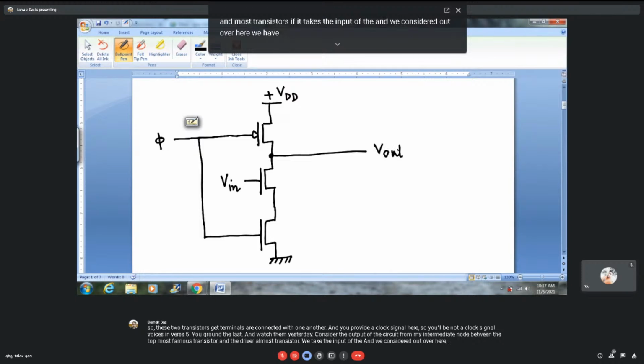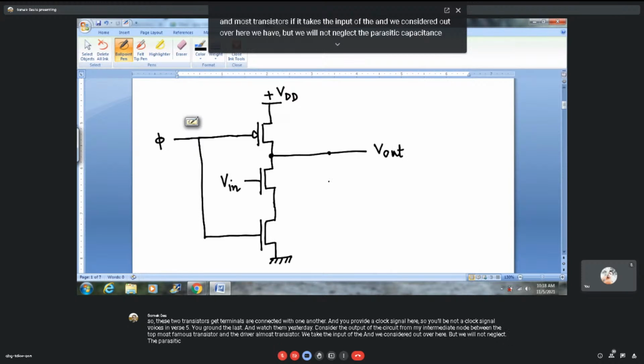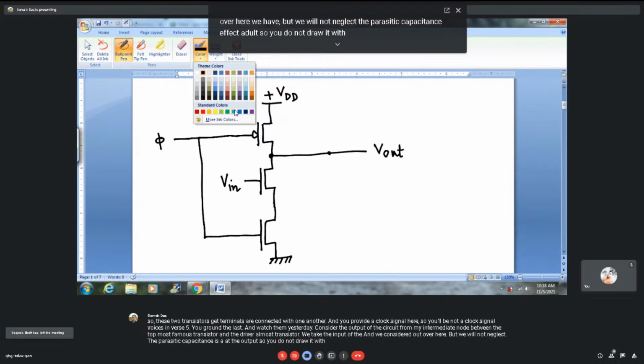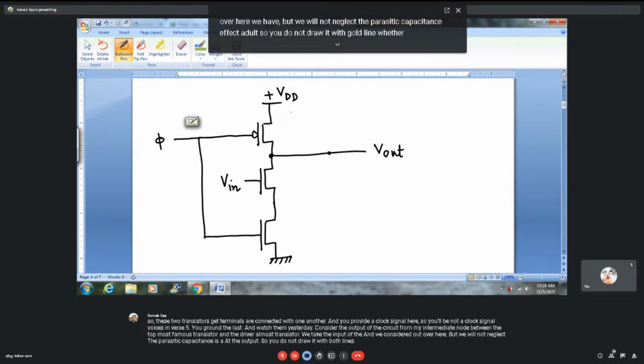But we will not neglect the parasitic capacitance effect at the output node. So you do not draw it with bold lines. Rather, this capacitor is drawn using dotted lines. That is the symbolization of a parasitic capacitor.